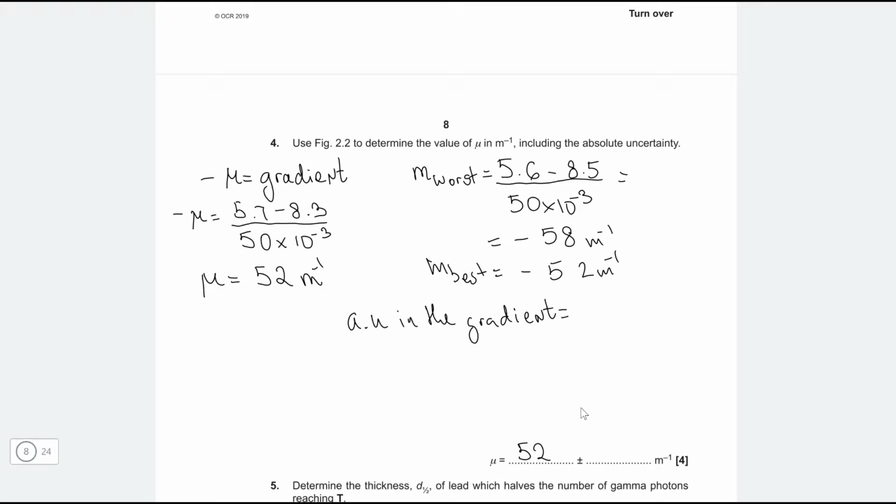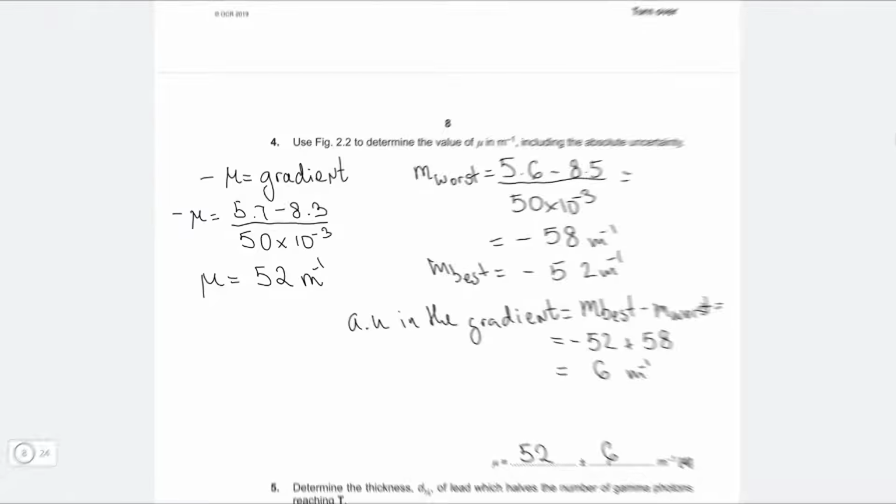So in this case, our absolute uncertainty in the gradient will be simply equal to the gradient of the line of best fit, take away the gradient of the line of worst fit. So it's going to be minus 52 minus minus, so it's going to give us plus 58, which is just going to give us 6 m to the power of minus 1 as our absolute uncertainty.